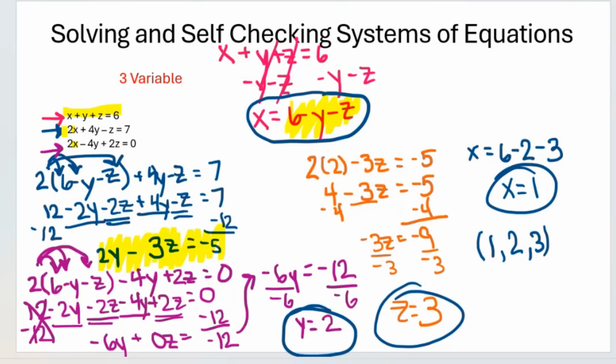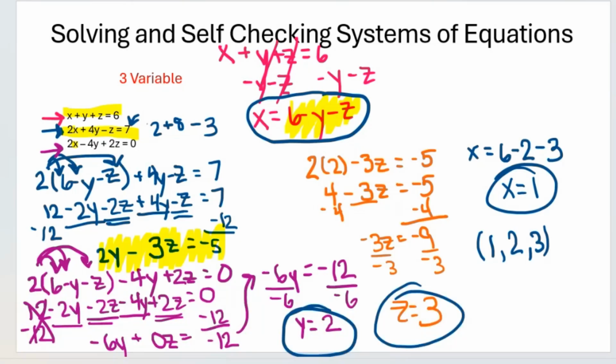If we go to the second one, 2 times x, 2 times 1 is 2. 4 times y, 4 times 2 is 8. Minus z, 2 plus 8 is 10, minus 3. Oh, that equals 7.